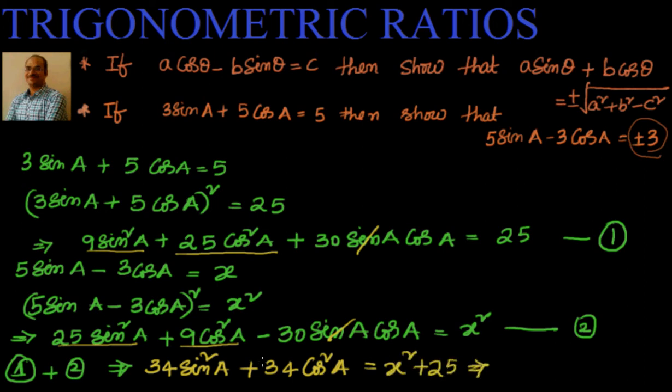That means this is 34 into sin square A plus cos square A, which is nothing but equal to 1. So I can write 34 minus 25 is equal to x square, which implies x square equal to 9, x equal to plus or minus 3.